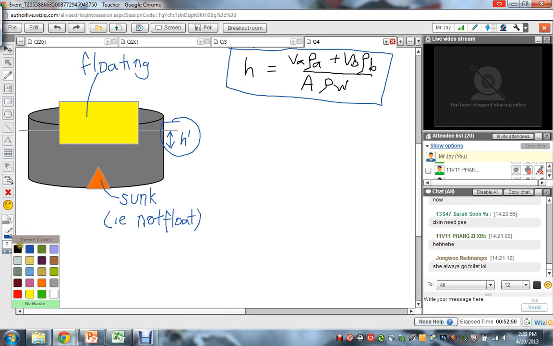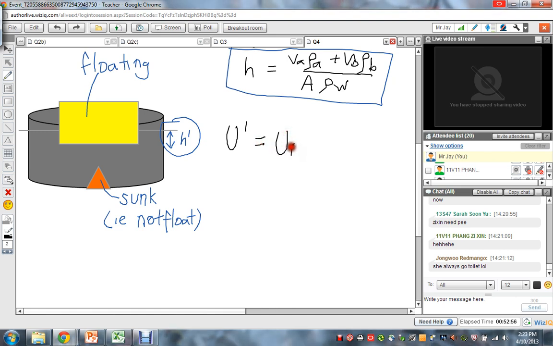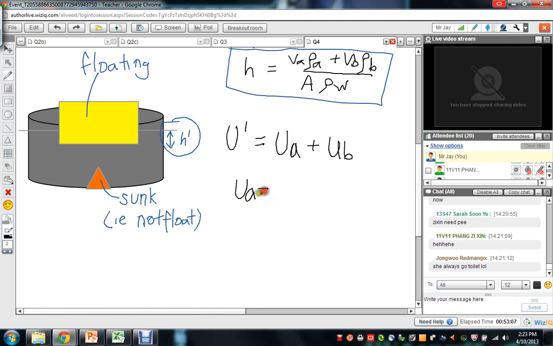Defining the new upthrust as U prime, it is equal to the upthrust acting on the anchor plus the upthrust acting on the boat. These two are separate now. The upthrust acting on the anchor is no longer equal to the weight of the anchor because the anchor already sunk to the bottom. That's only for floating objects.